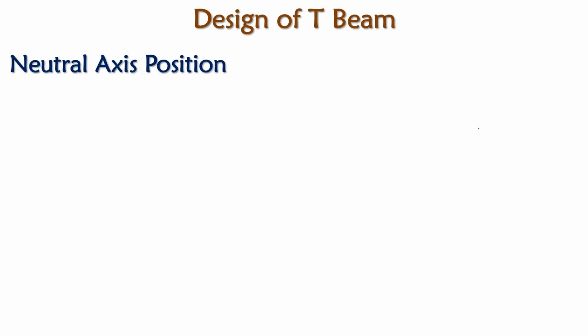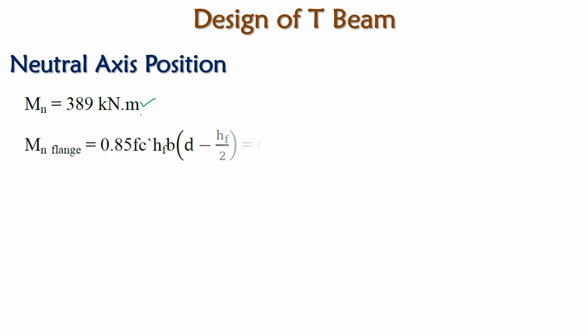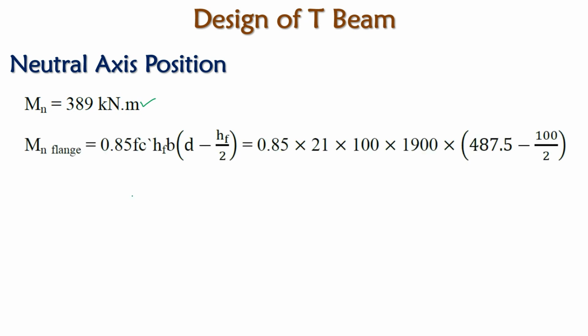In the next section, we have to determine the neutral axis position, that is, where the neutral axis is located. To determine this, we have to compare the nominal moment of the flange and the nominal moment of the beam. The nominal moment we calculated on the first page is 389 kilonewton meters. The flange moment is determined by this formula.